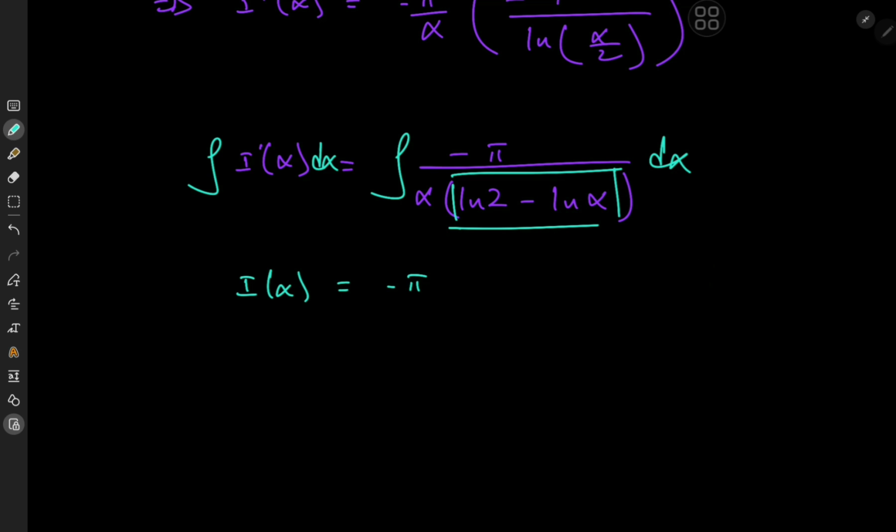So that means we do have a structure where we have the derivative of a function. We have a function in the denominator, and we could write this as negative pi by alpha. It means the same thing. So we have a function in the denominator and its derivative in the numerator.